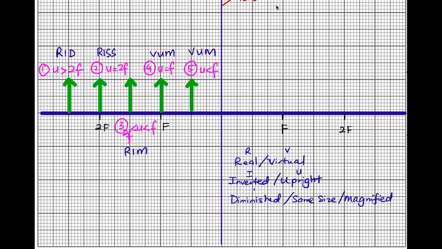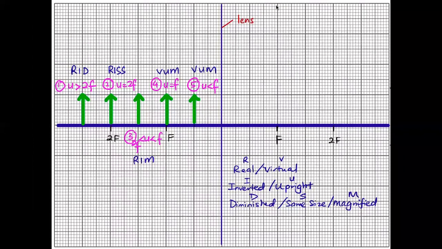D, S, M. So 3 marks for the characteristics of the image, plus 3 marks for the ray diagram. So you will get 6 marks. It's quite a lot of marks for drawing the ray diagrams, and I hope that you can do well for this one. Okay, and that is for convex lens.